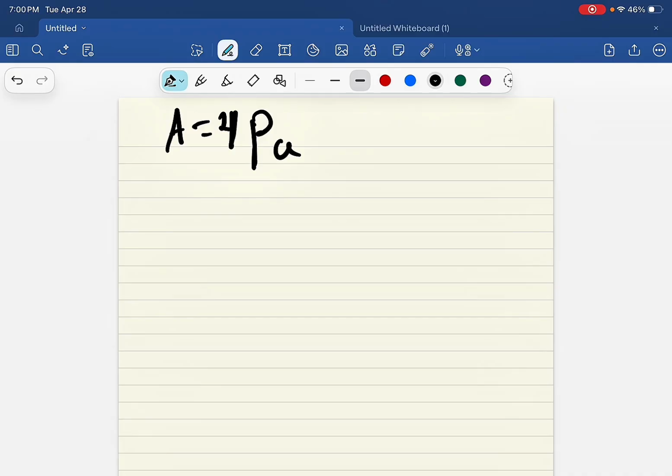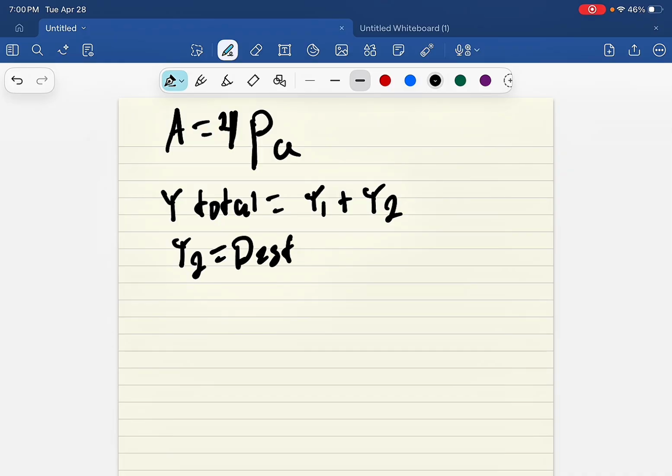But now we need to do our superposition. So our superposition is our y total, which is equal to y1 plus y2. Our y2 represents the destructive interference wave that's created by the microphone. We'll write that down.